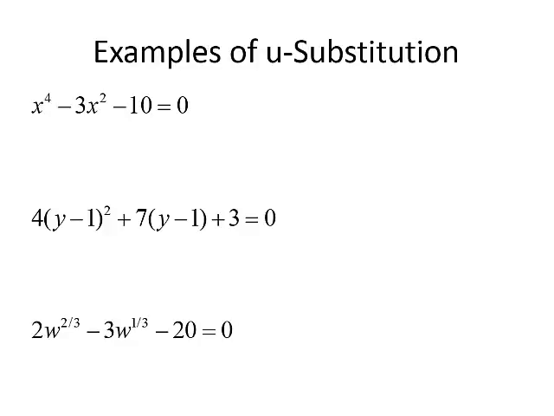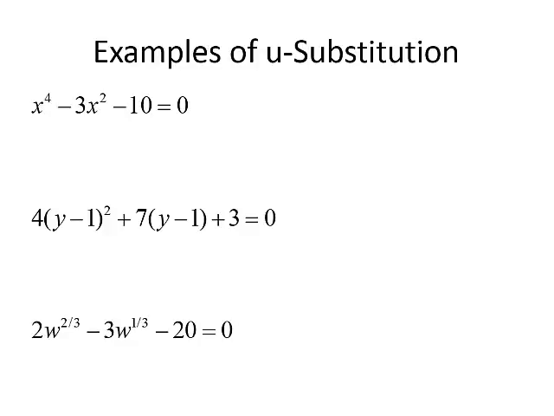Let me give you examples of what this substitution step looks like. If I have the equation x to the fourth minus 3x squared minus 10 equals 0, what I want to do is see if there's a connection between the variable expressions in the first and second terms.